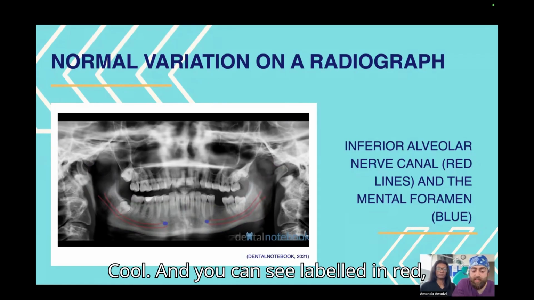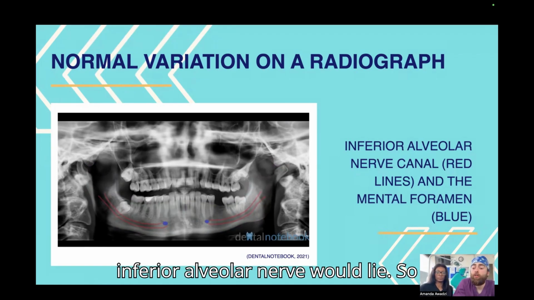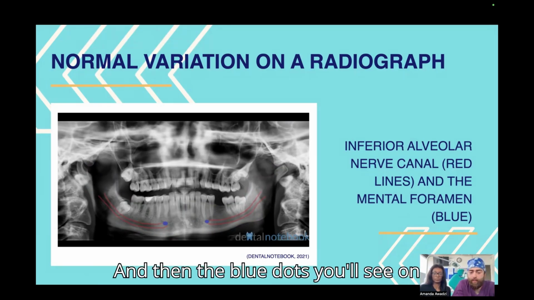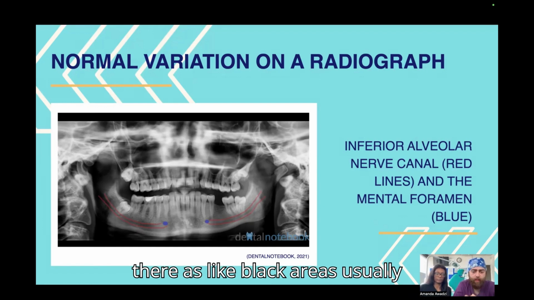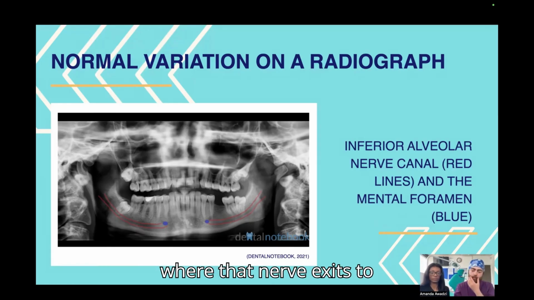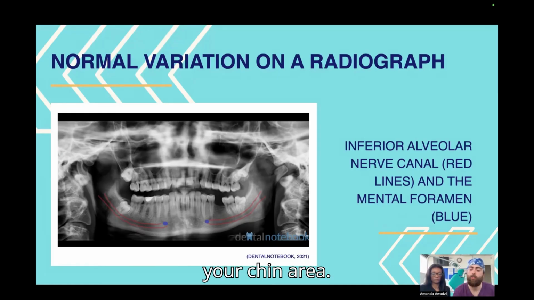And you can see labeled in red, kind of like a tunnel, where your inferior alveolar nerve would lie. So it's the inferior alveolar nerve canal. The blue dots, which you would usually see as black areas, are where the mental foramen is, which is where that nerve exits to innervate your lips and your chin area.